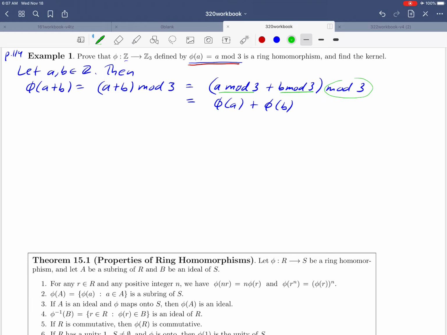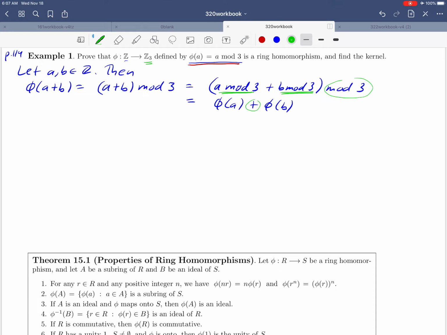But actually that mod 3 at the end needs to be there, because this addition operation that you see right there, remember, is addition not of integers but in Z3. So when you add two numbers together in Z3, you add them together, that's the a mod 3 plus the b mod 3, but then at the end you need to take mod 3. That's what tells us that we're doing addition in Z3.